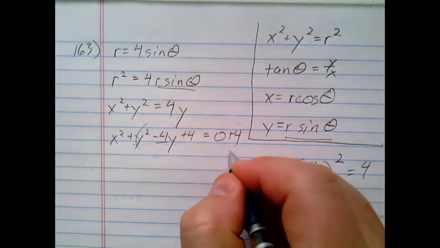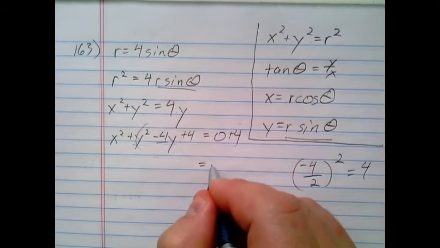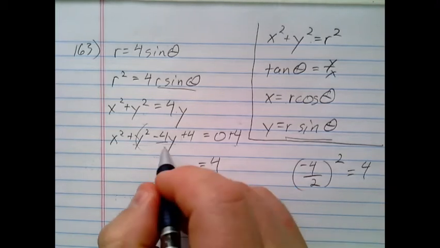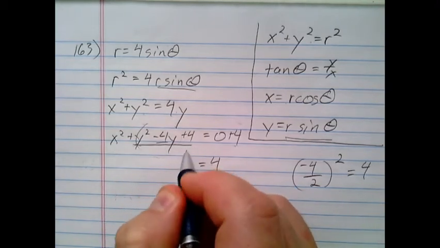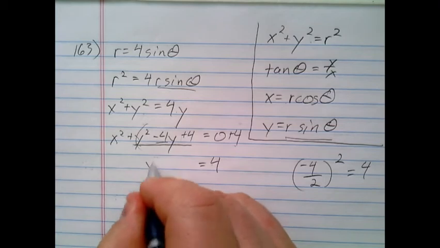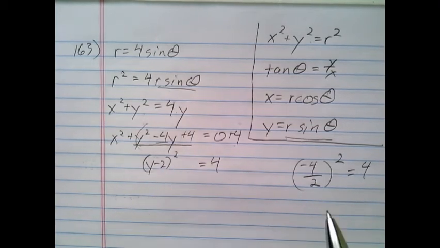Now that's looking better on the right side because now I can see my radius squared taking shape. And on the left side, y squared minus 4y plus 4 is y minus 2 squared.